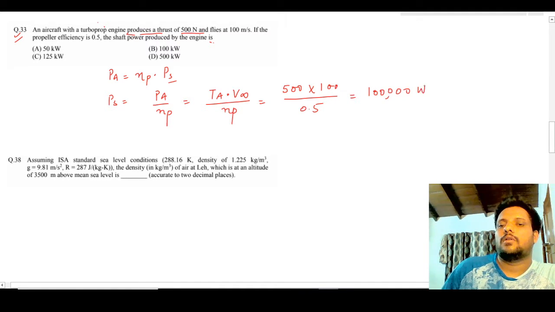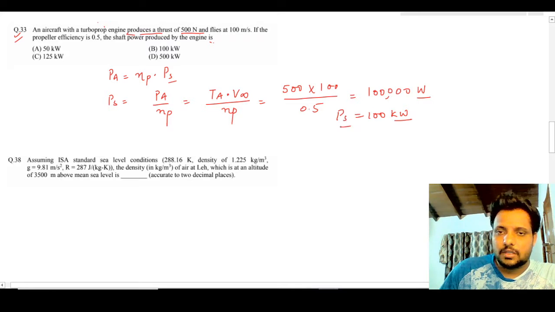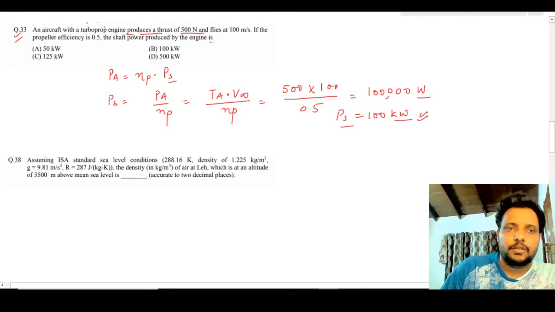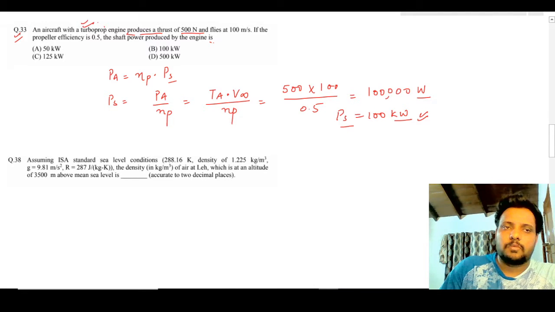So 1 lakh watts or 100 kilowatts is the shaft power produced by the engine for this turboprop configuration. So option B is the correct option for question number 33.